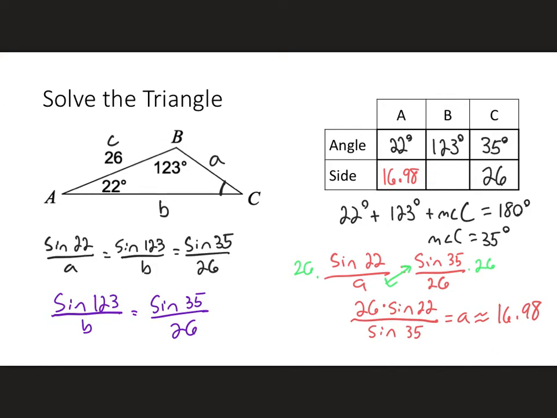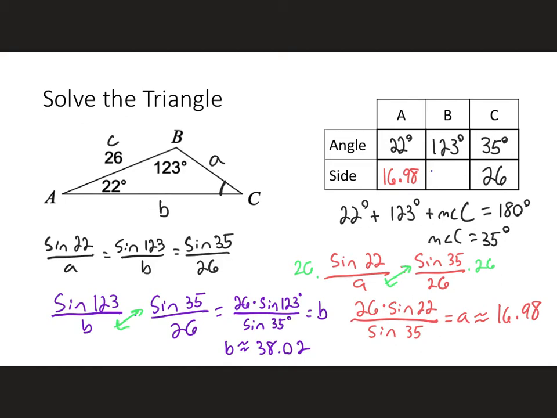And in order to solve this, I'm going to swap the locations of B and the sine of 35 and multiply 26 from both sides, and I will get 26 times the sine of 123 degrees divided by the sine of 35 degrees equals B. And placing that into the calculator, I will get B is approximately 38.02.